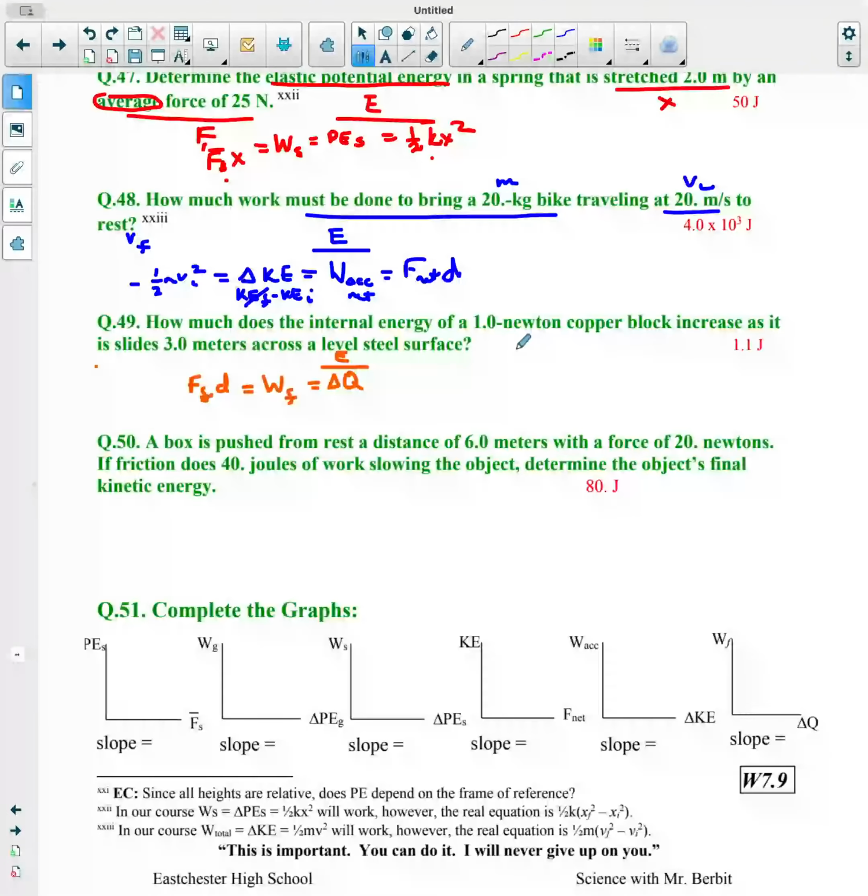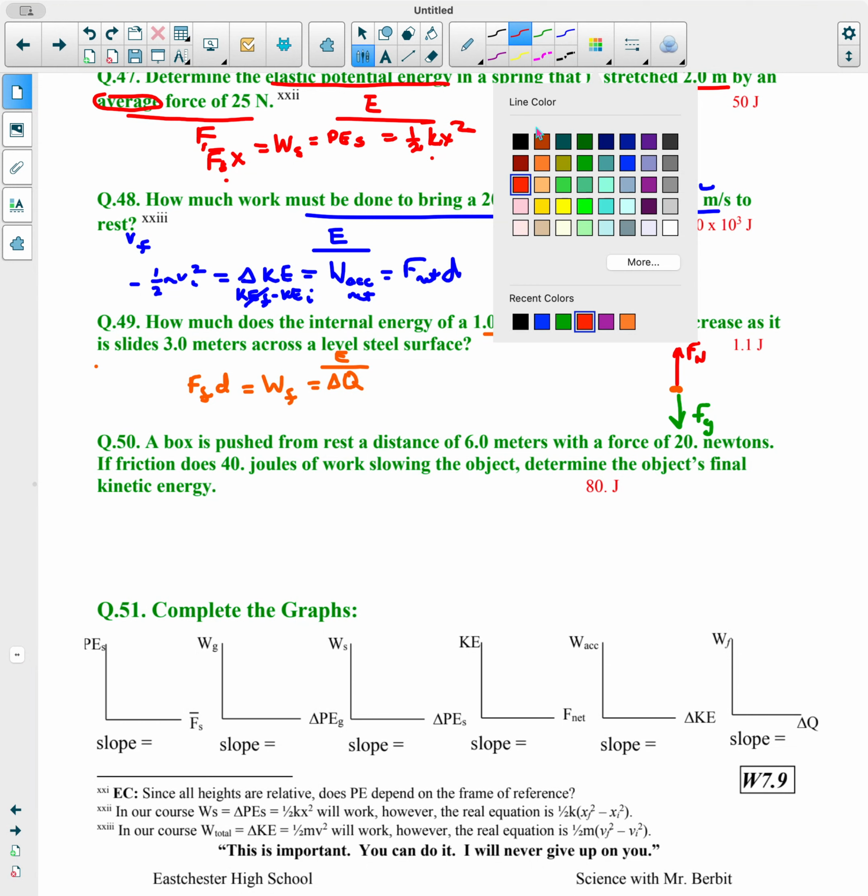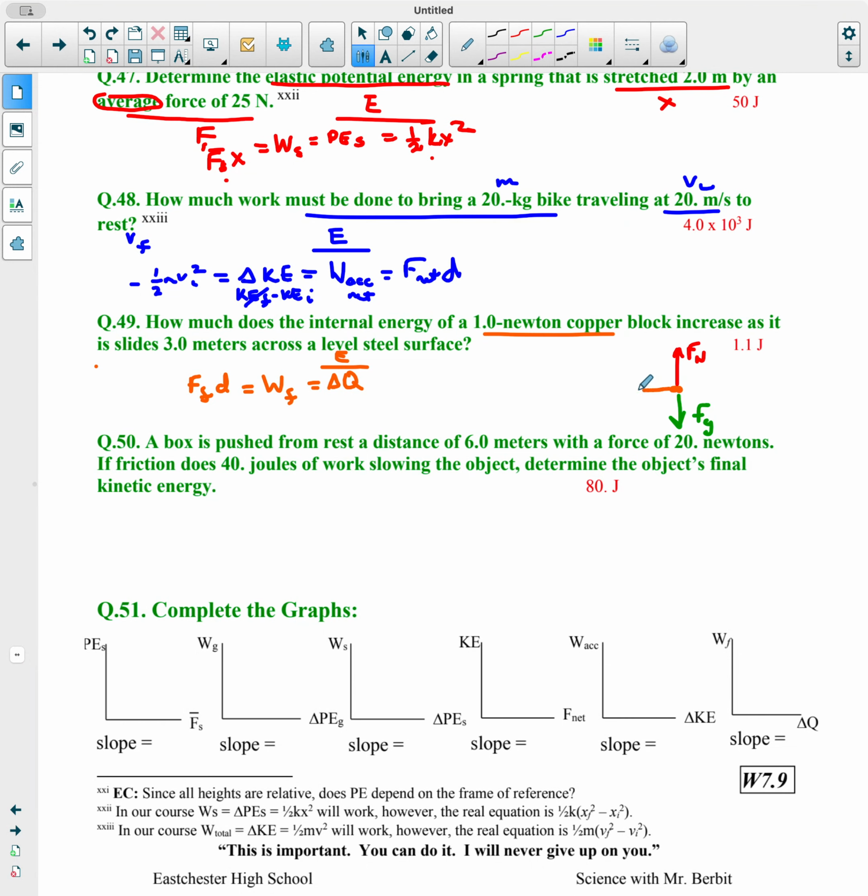FF times D. And look what they gave you. They gave you the weight of the block. Like, don't forget forces. Go back to it. Right? So you know FG. It's on a level steel surface. So the normal force is going to be the same as FG, Fn. It's sliding. Maybe it's sliding to the right. Who cares? So then the frictional force will be to the left.